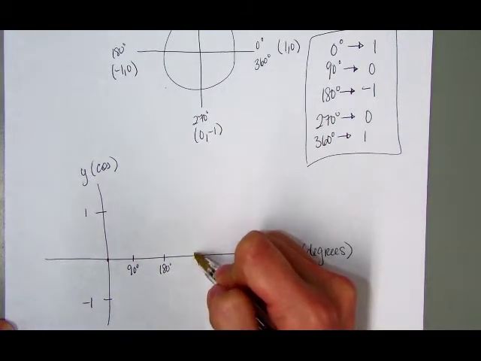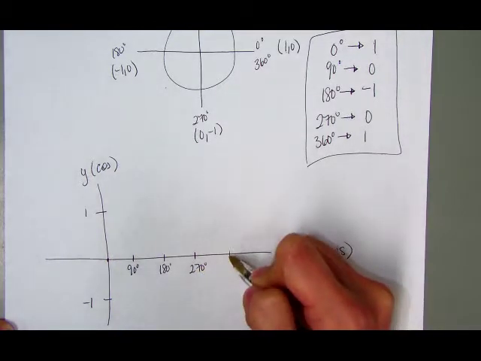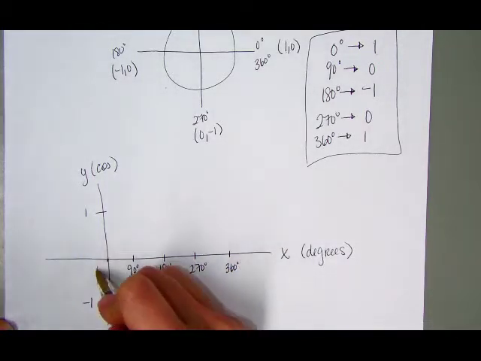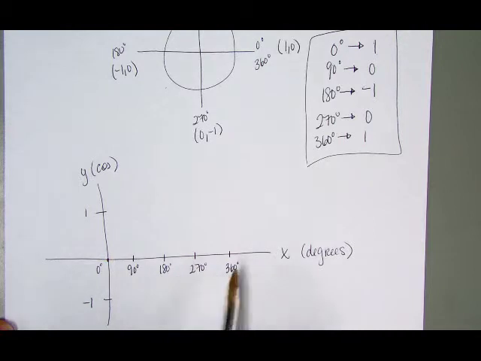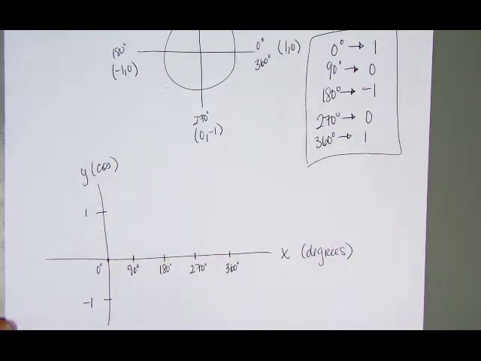If I go a little bit equidistant over again, I get 270 degrees. And equidistant from that is 360 degrees. So from 0 degrees all the way around to 360, in this horizontal line, I'm using angle measurements that represent one full circle around my unit circle.